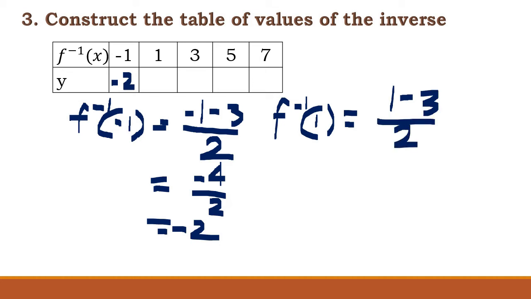So 1 minus 3 is negative 2 over 2, equals negative 1.